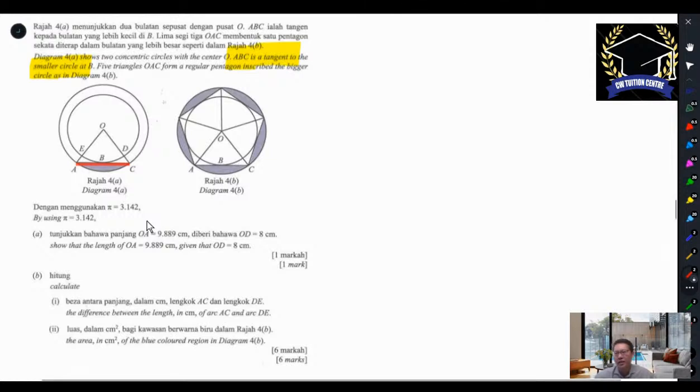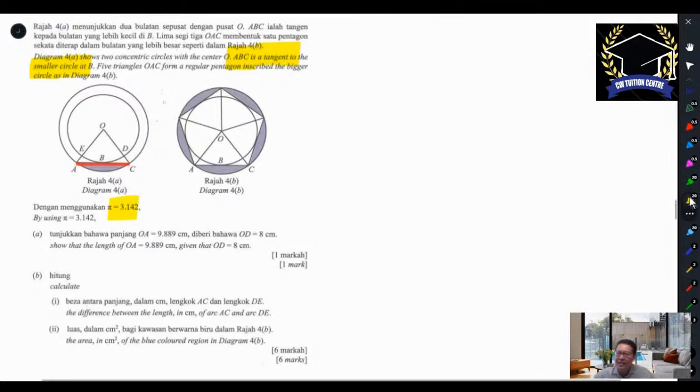This is a tangent touching this one. Okay, 2 circles and a few triangles here. So that would be the kind of manipulation they will ask you. And remember the basic concept. Everything back to the basic, split it out. Remember this.